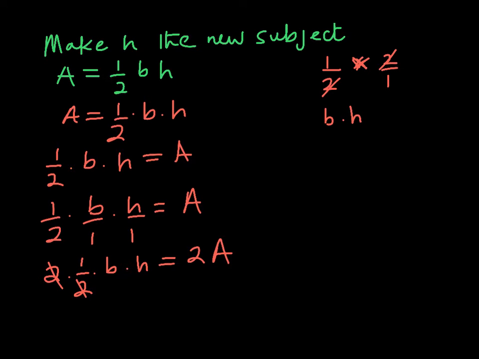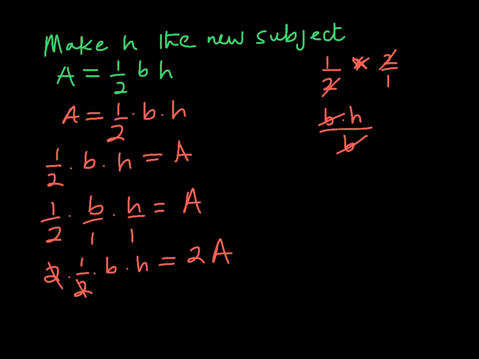So the relationship between these two is one of multiplication. So if it's multiplication and you want to eliminate base, then what we need to do is divide this by the base. So b will cancel out the b, and all we'll be left with is h. So therefore, whatever you do on the left you also do on the right.